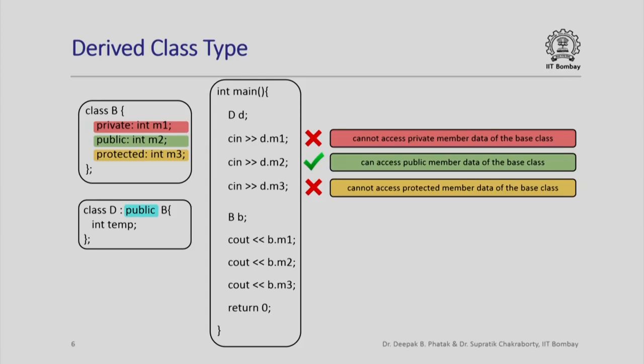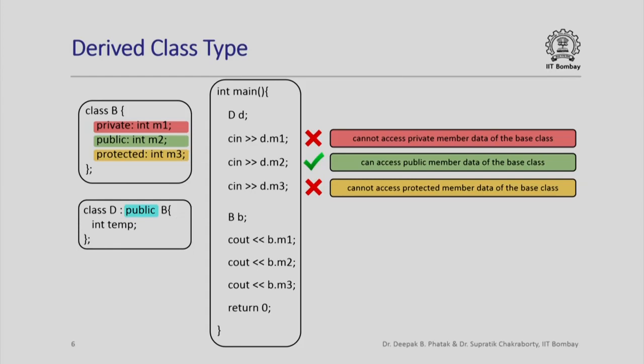D.M3 also cannot be accessed because M3 is a protected data member of the class B. What this means is that this data member can only be accessed within derived classes, classes that are derived from class B, but this data member cannot be accessed in the main program, which is outside the definition of the class D.